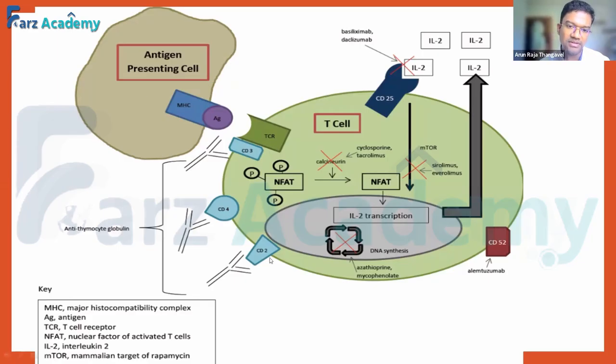T cells have several receptors, T cell receptors and various CD receptors, which attract these antigen presenting cells, and the inflammatory cascade is started. The key factor involved is NFAT, the nuclear factor of activated T cells, which needs calcineurin to be active. This in turn promotes the IL-2 gene to be activated and produced.